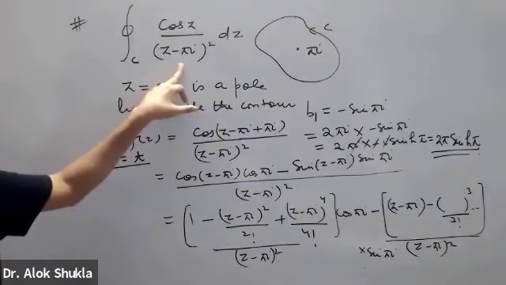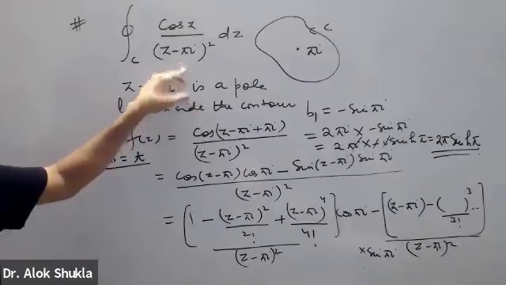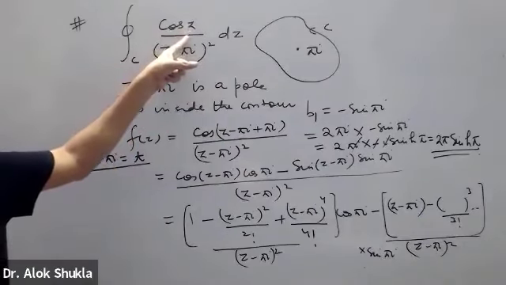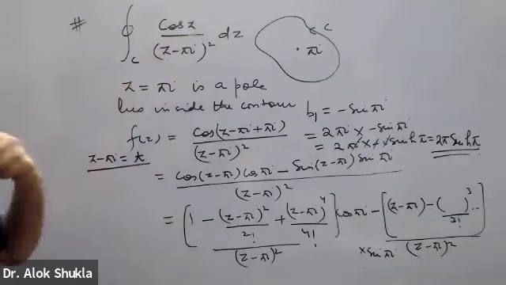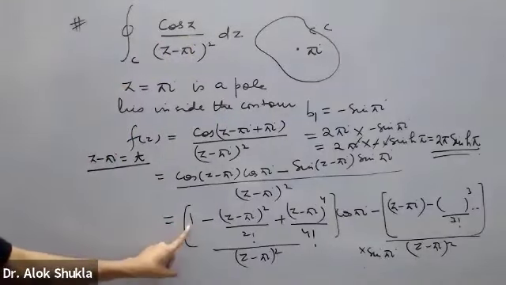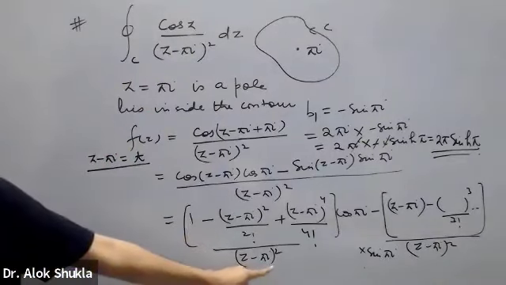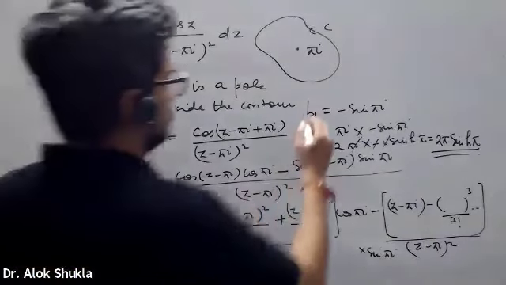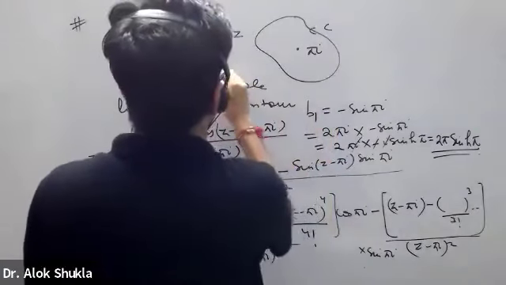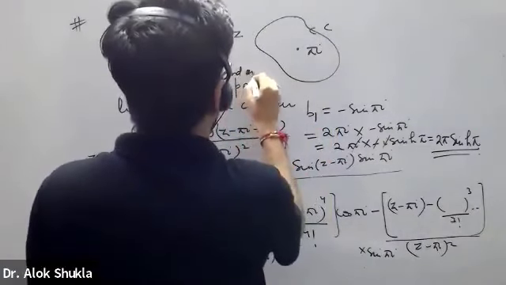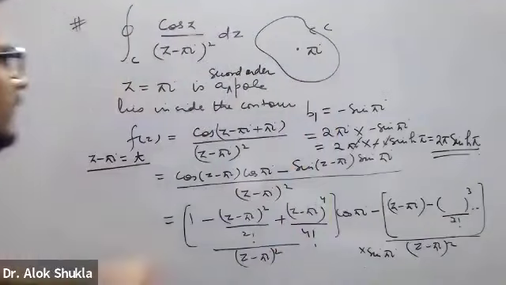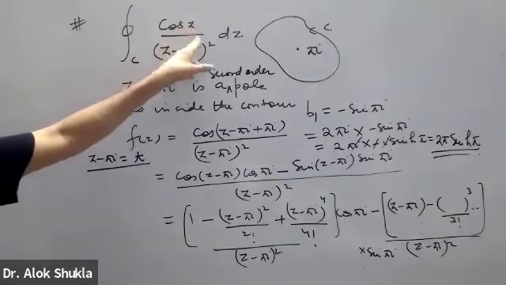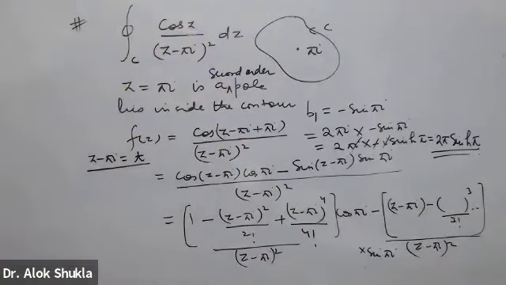So in this case, we can directly say initially that it is second order, because z minus pi i is not there here. And see, it appears also. What is the pole? See the first term, 1 upon (z minus pi i) square. That means it is a second order pole. If it was z minus pi i here also, then the story would be different. Okay.